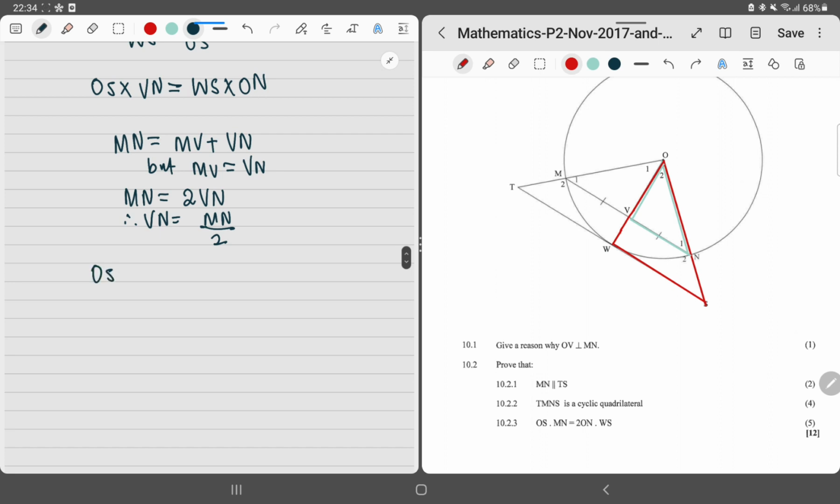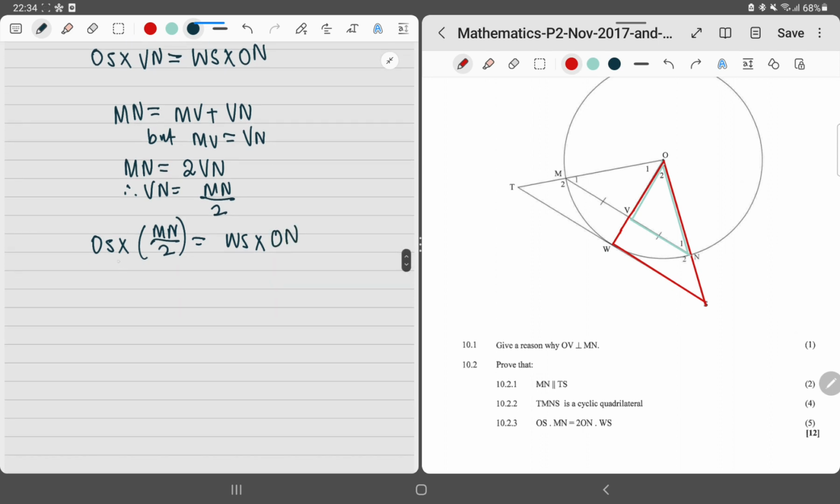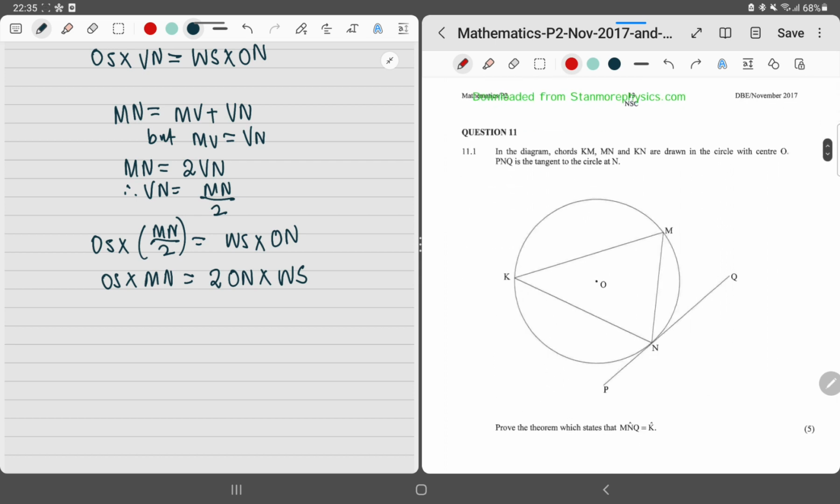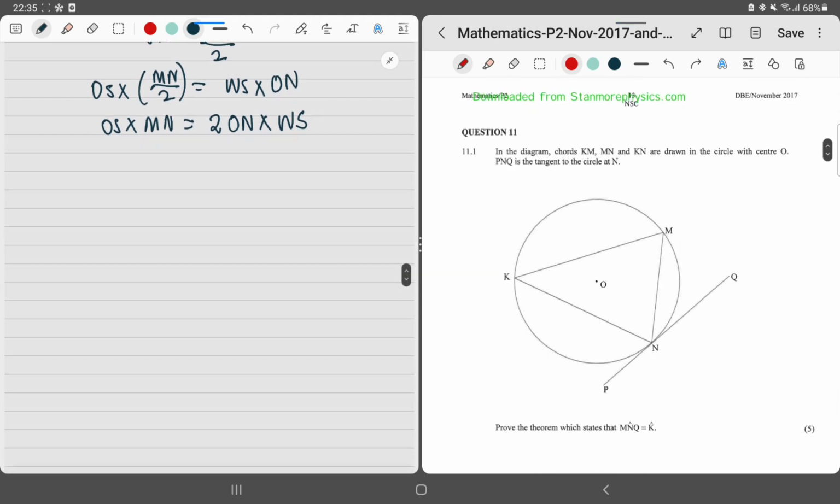So this is OS multiplied by MN over 2, which is equal to WS multiplied by ON. And I'm just going to fix this. So I have OS multiplied by MN, then the 2ON multiplied by WS. So it's proven. And then this is a proof.